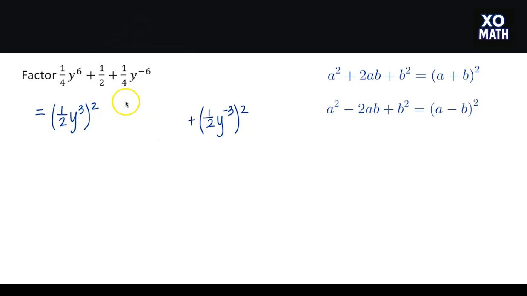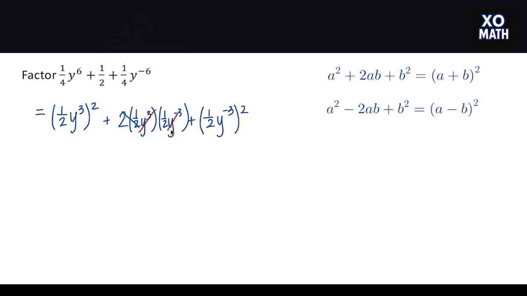And so now, is the middle term equal to just 1/2? The middle term would have to be plus 2ab. So 2 times 1/2 y cubed times 1/2 y to the negative 3. Well, this is going to work out nicely. 2 times 1/2 cancels and just gives me 1. So I do have 1/2 left, and for y cubed times y to the negative 3, we add those exponents, and that's y to the 0, which is 1.